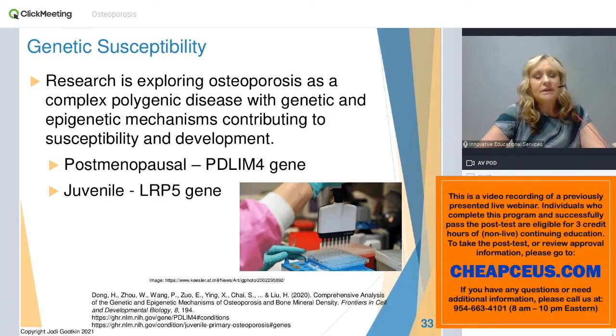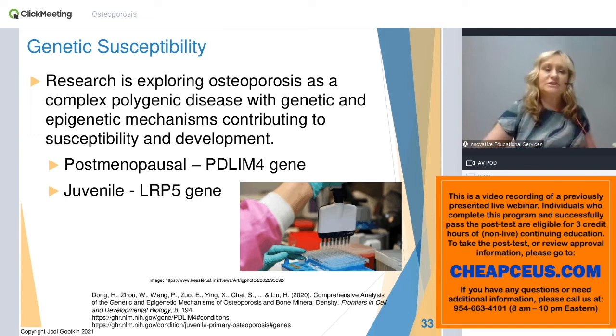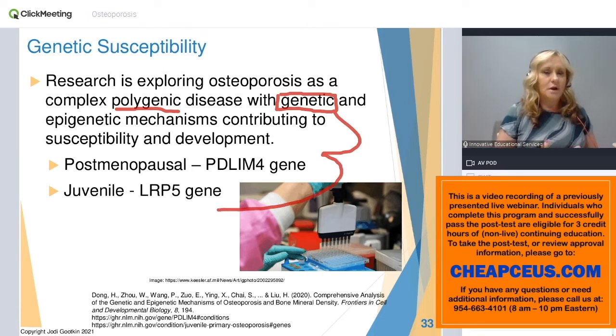Genetic susceptibility, everything that comes out in the research is also looking at, can we recognize this sooner? It is recognized as a polygenic disease. That means there are many different combined actions of several genes. They've recognized that there is that genetic DNA component, and they've started isolating out those genes for postmenopausal women and in juveniles.